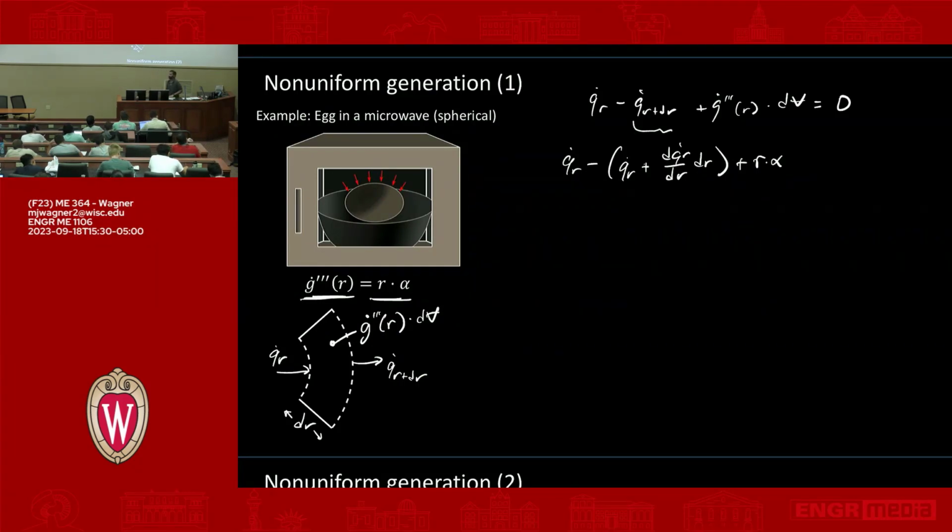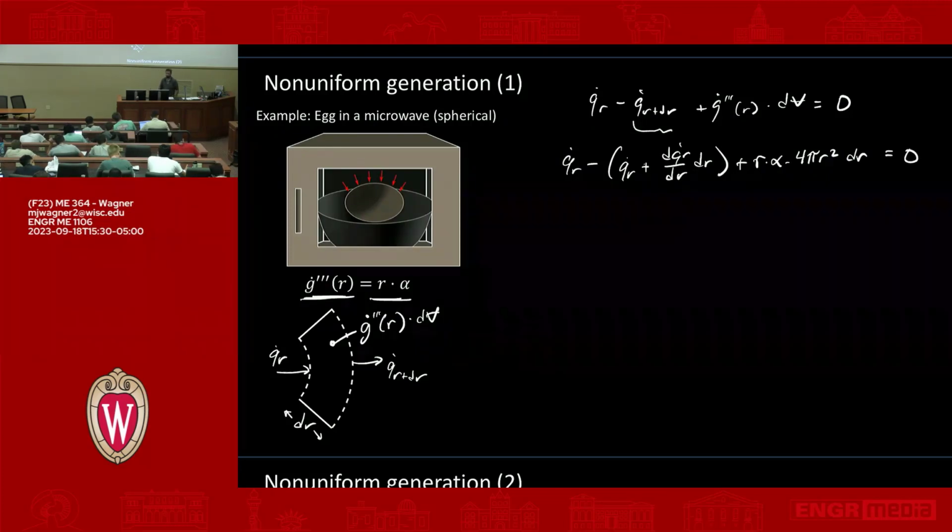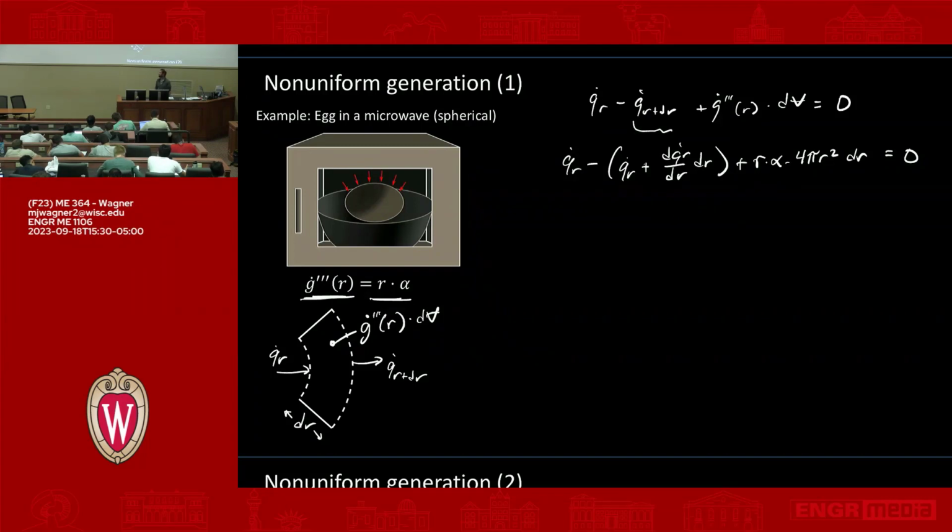So the differential volume, my egg is a sphere, just a weird egg. So it's a sphere, so we need some differential spherical volume. So it's going to be 4 pi r squared times the differential width, which is dr. That all equals 0. All right?